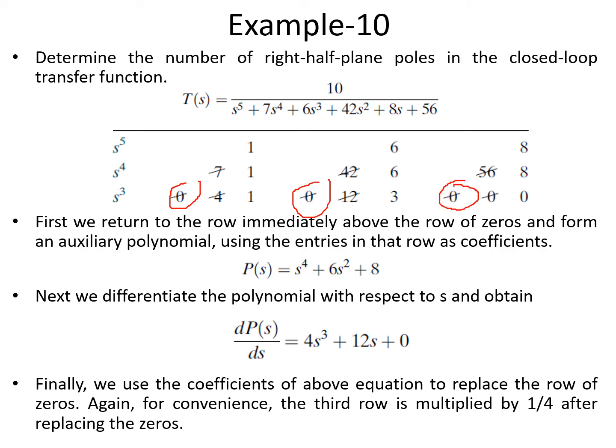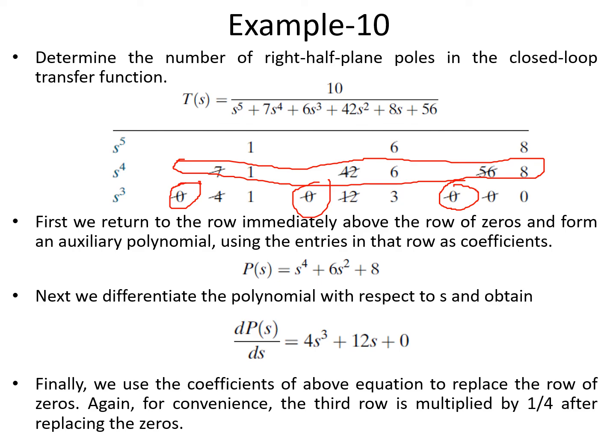In such cases, we construct the polynomial equation using the previous row elements. Your previous elements are 7, 42 and 56, right? So the polynomial we get will be s to the power 4 plus 6 s square plus 8, which we get by dividing by 7.